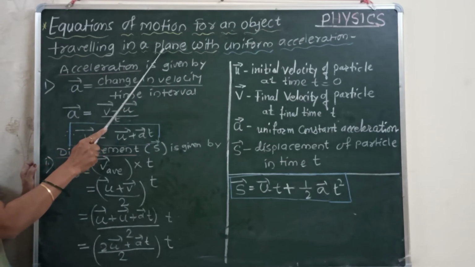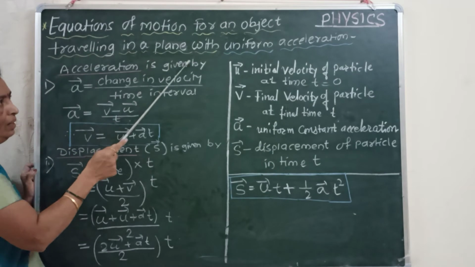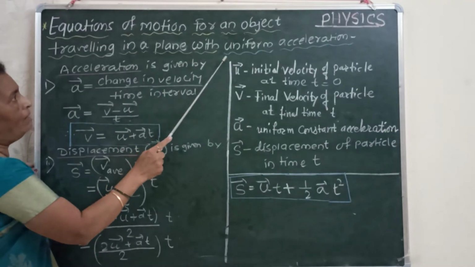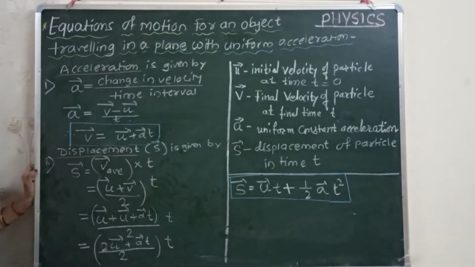That means we have to consider these equations in 2 dimensions when the object or that particle is moving with uniform acceleration. Acceleration is uniform means its average velocity and instantaneous velocity both are equal.